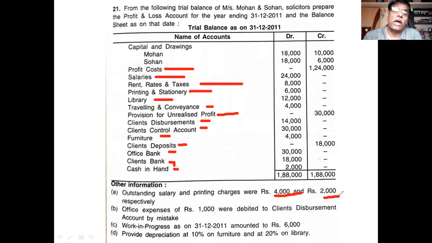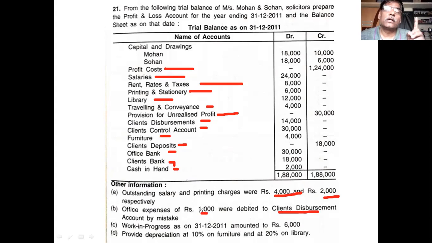Office expense 1000 was debited to the client account. Debited means in the client account you have to deduct, and office expense you have to add. This is the change. In whatever problems already solved, the adjustment is in the disbursement; disbursement amount was taken in the office expense, therefore you deducted there.